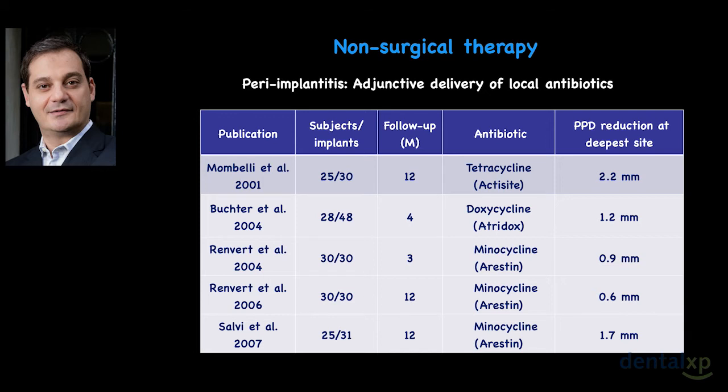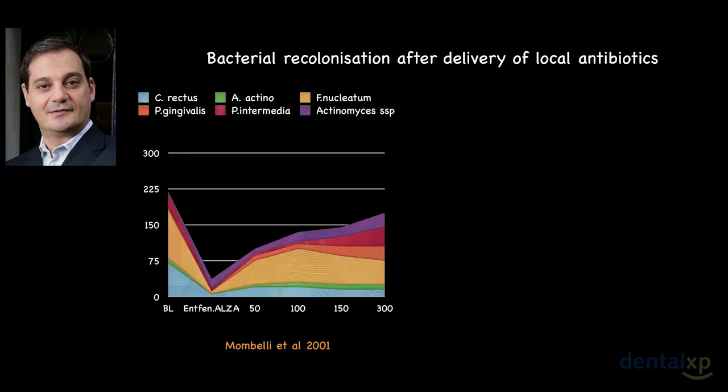But is it enough? Because as we noticed in that one study before, you need to decontaminate the surfaces, as Mombelli showed in 1998. Is the decontamination achieved by using a curette and just local antibiotic?